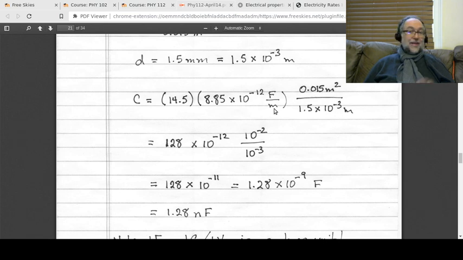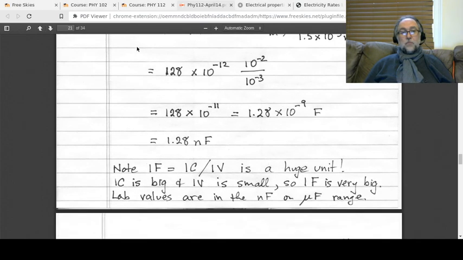That'll cancel that meter there, leaving just farad as the unit. The rest of this is just some simple arithmetic, so I'm not going to go through the details, but you get 1.28 times 10 to the minus 9 farads. And 10 to the minus 9, that's a billionth, that's a nano, so 1.28 nanofarads.